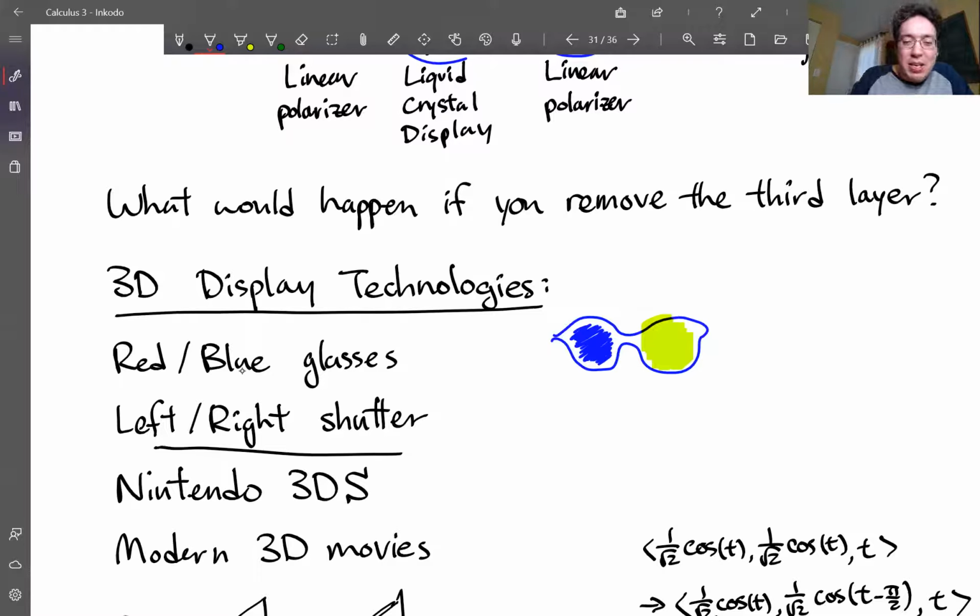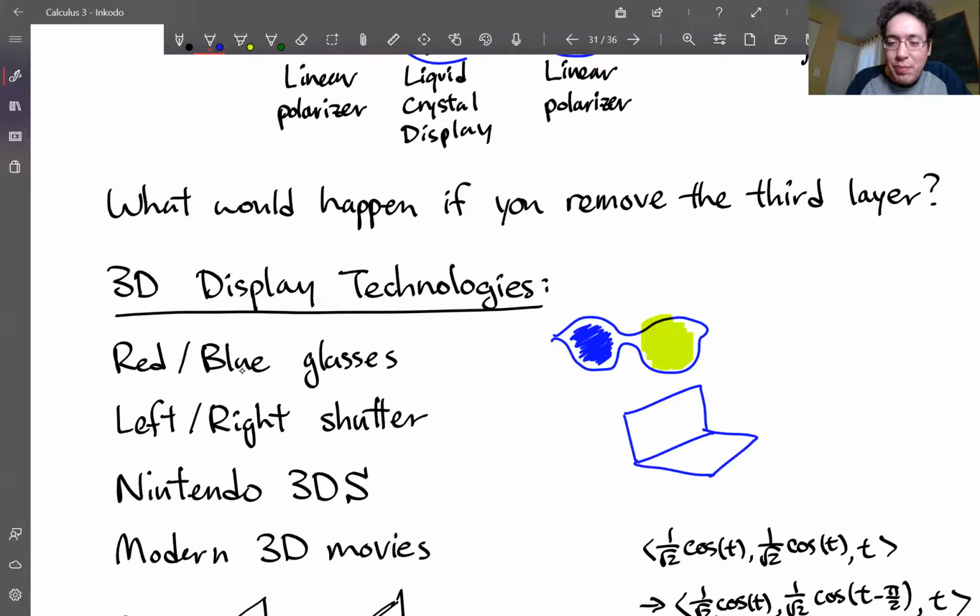One of my favorite technologies is the Nintendo 3DS. This is a personal gaming device that has a small screen that's sitting in front of you. And this 3D technology doesn't require you to have special glasses.